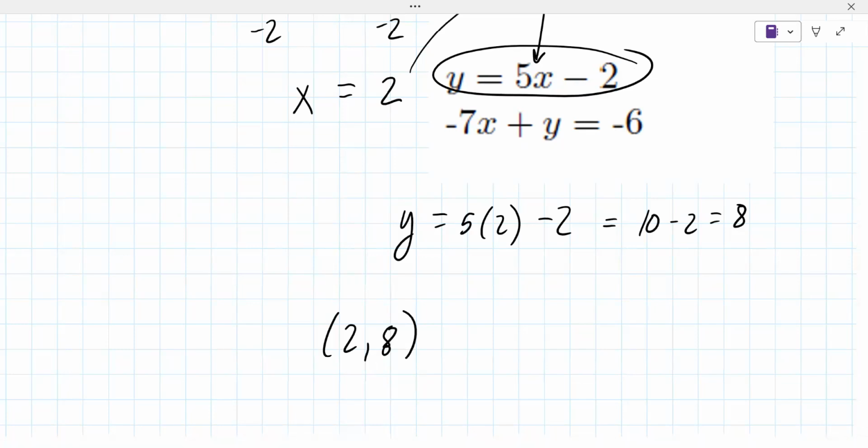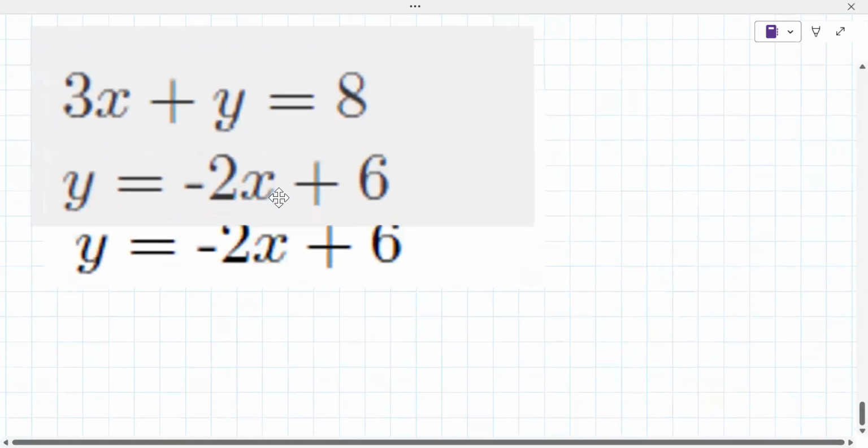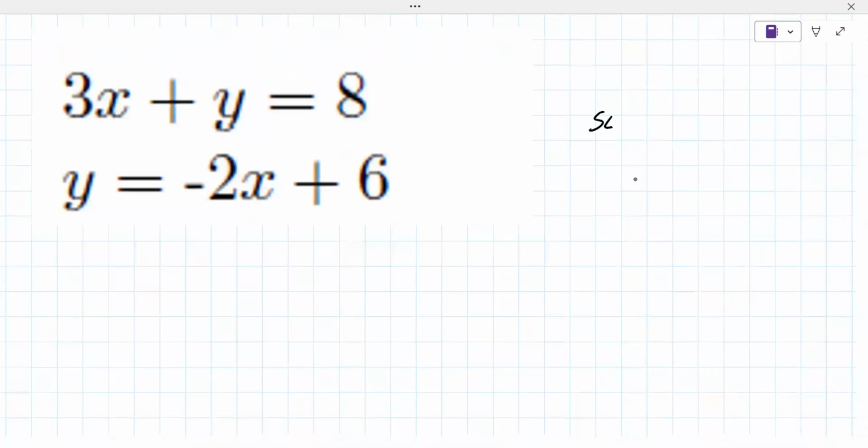Okay, let's have you try one now. I want you to first solve for X. So give me that X value first, please. Just like we've been doing though, you're going to substitute, solve.